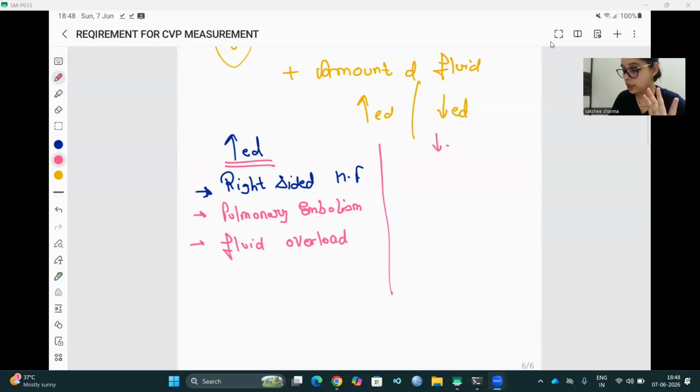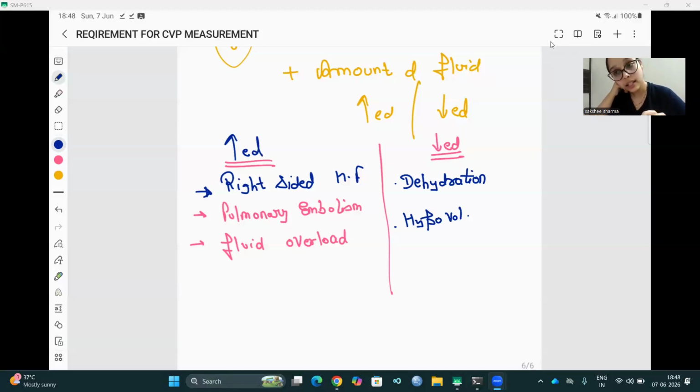The cases in which CVP decreases. CVP decreases when there is dehydration or hypovolemia. In these two cases, for example, the patient is having diarrhea and is dehydrated. In this case, the amount of fluid is going to be very less.